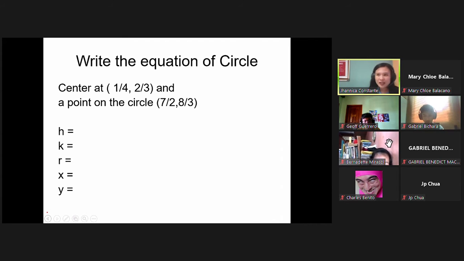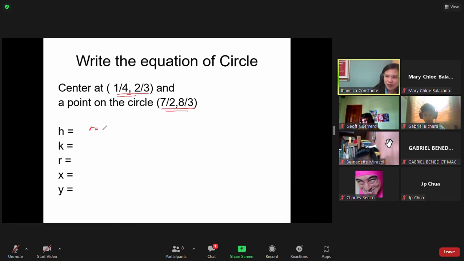First we need to find the radius, since the only given in the problem is the center and one point on a circle. So we need to find what is the radius of the circle that we have.